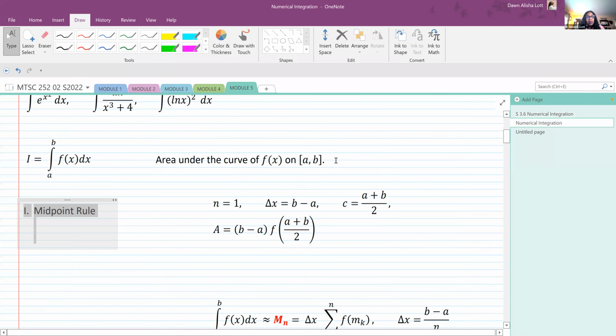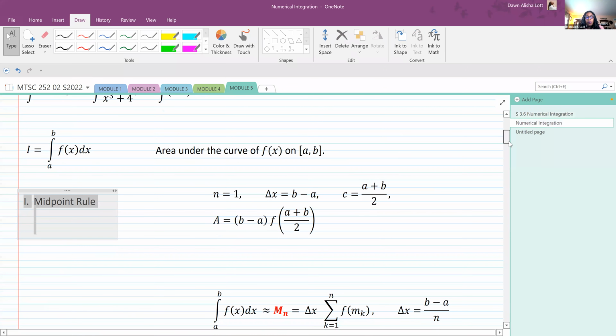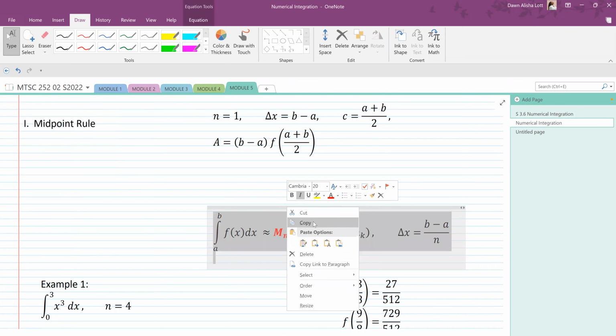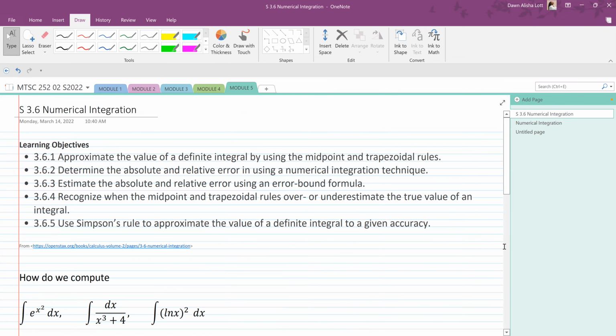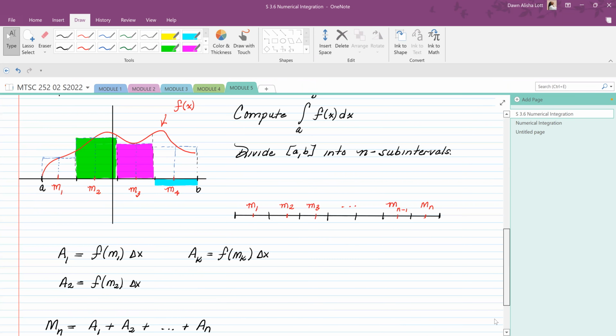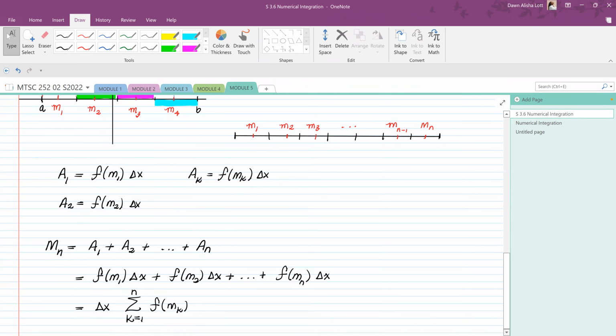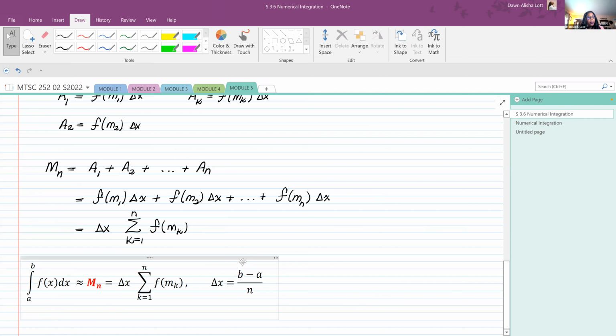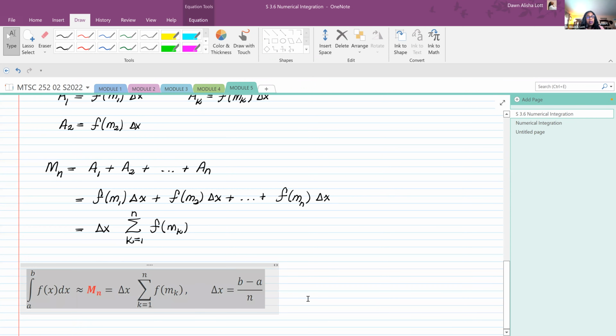So we get this formula right here. The integral from a to b is being approximated by what we call Mn.